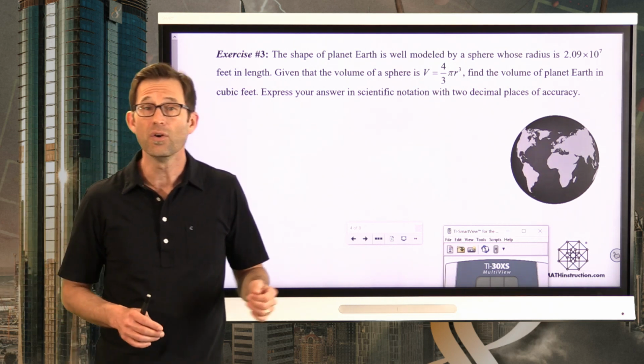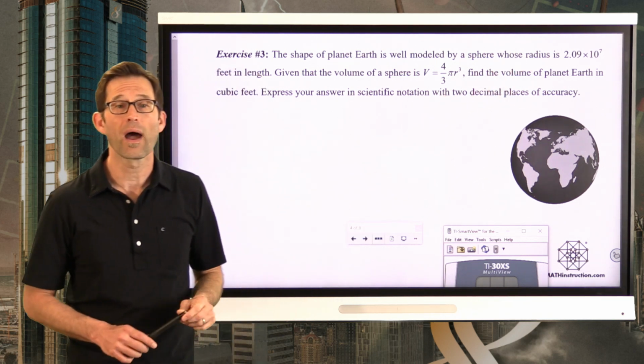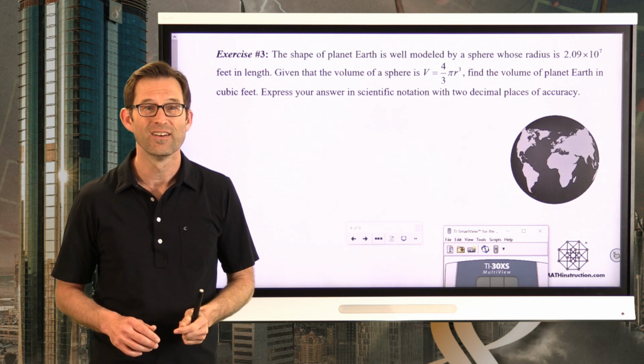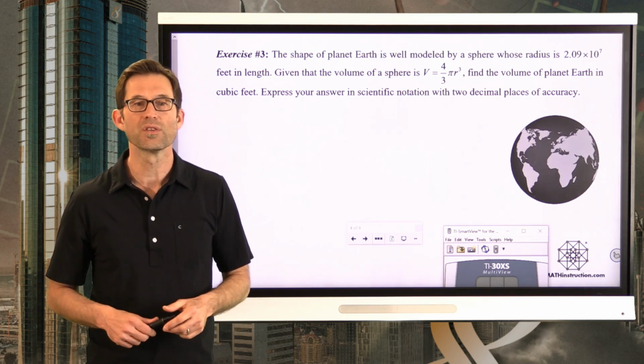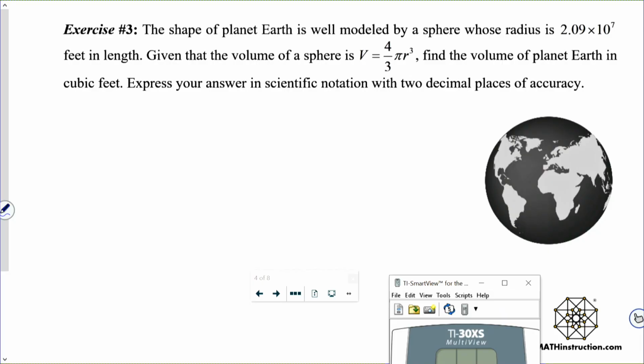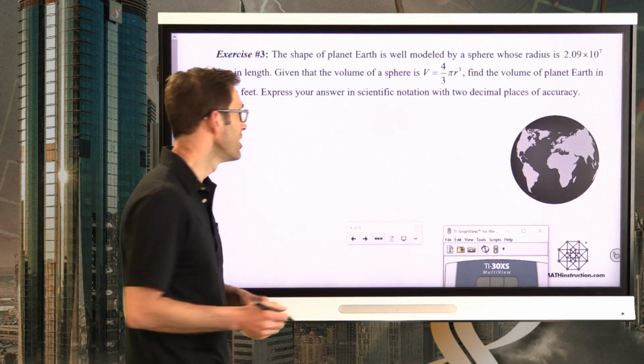Now what I'd like you to do is try to use this formula along with the radius to figure out how many cubic feet are in the Earth. Pause the video now and see if you can use the formula correctly. All right, awesome. Let's do it.